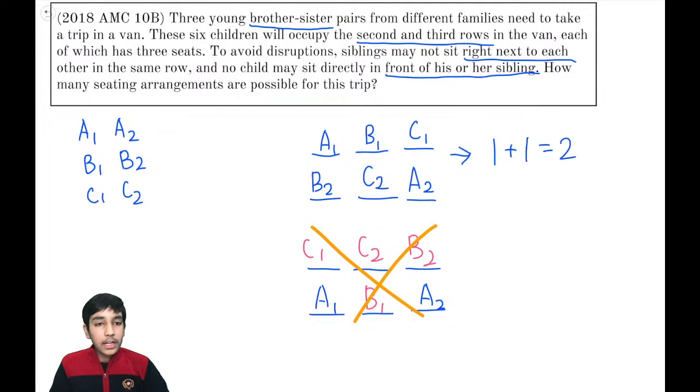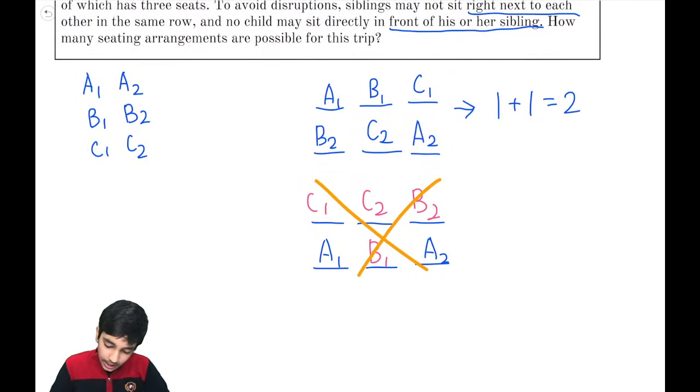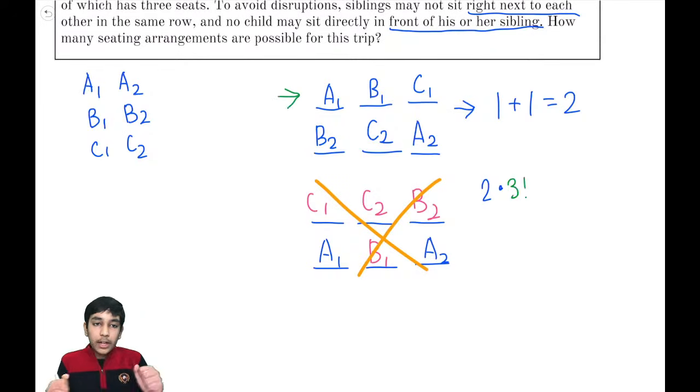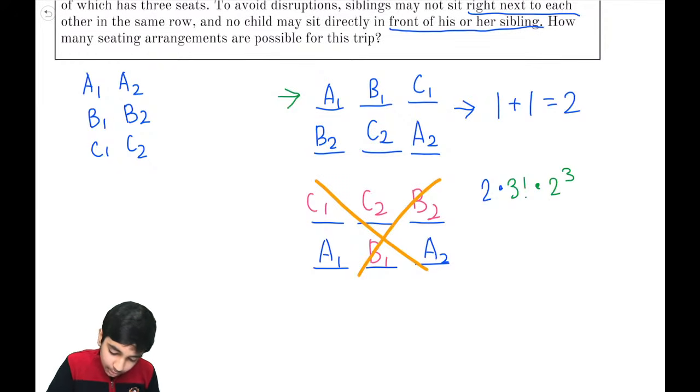Of course, like I said earlier, we're going to have to multiply by some numbers. So you have to do 2 times 3 factorial, because we can rearrange these three positions, A1, B1, C1, in 3 factorial ways by the factorial formula. And then we can also multiply by 2 cubed because we can switch A1 and A2, B1 and B2, and C1 and C2.